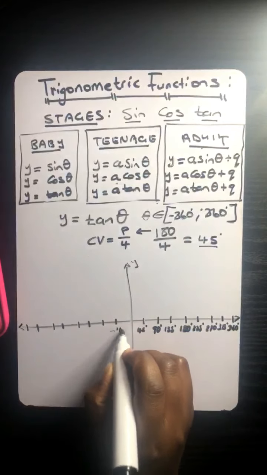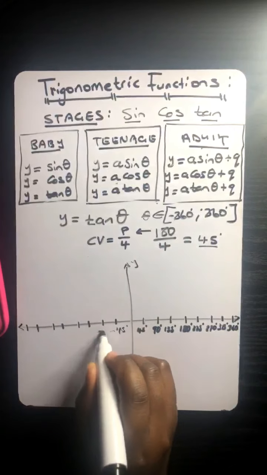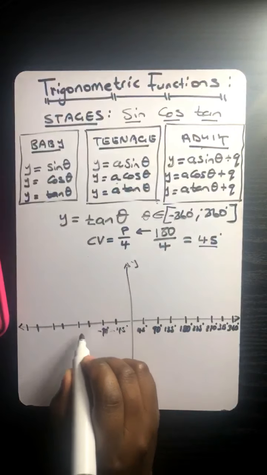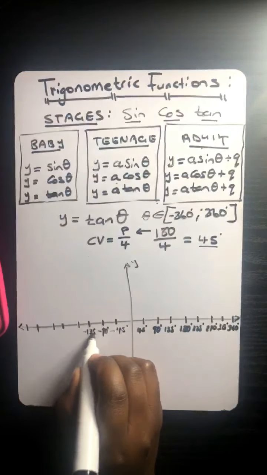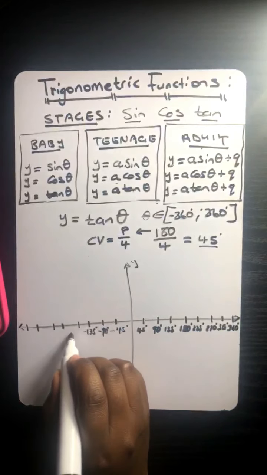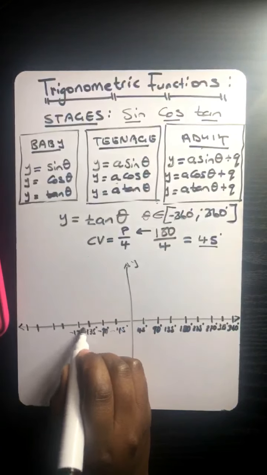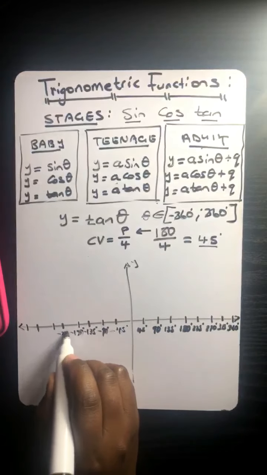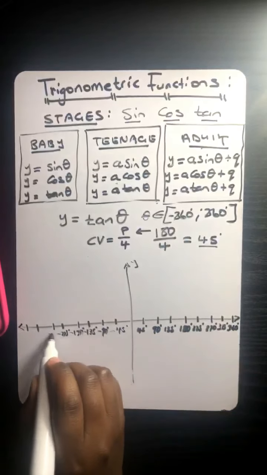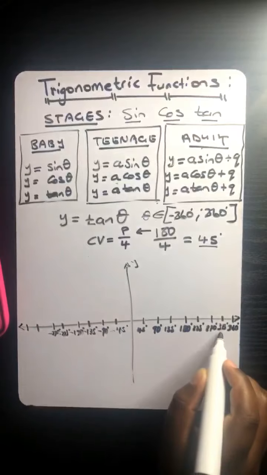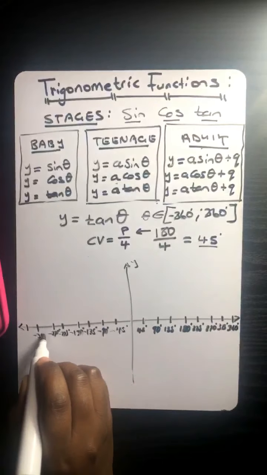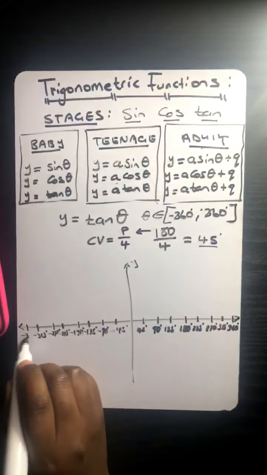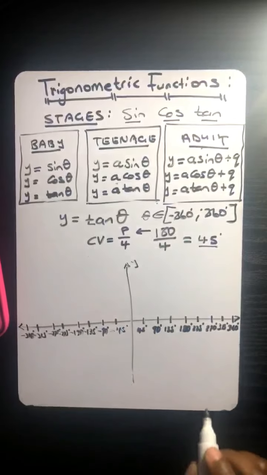Here we've got negative 45, negative 90, negative 135, negative 180, what is that? Negative 225, negative 270, negative 315, and negative 360 degrees.